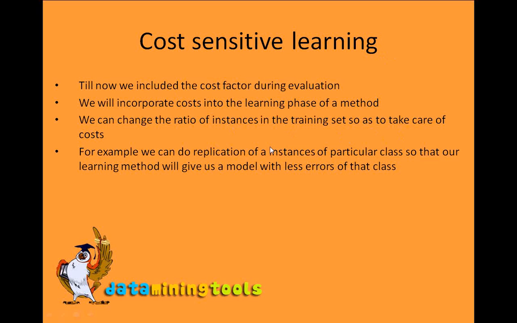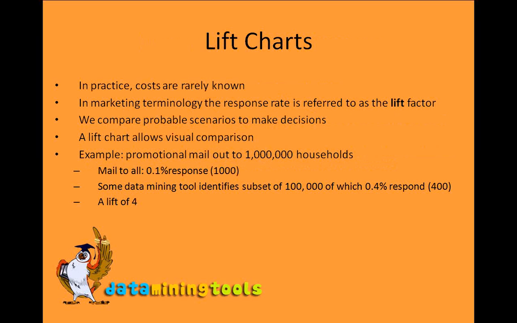For example, we can replicate instances of a particular class so that our learning method will give us a model with fewer errors for that class. Since the number of instances belonging to this particular class is larger, our learning model will adapt and give higher priority, giving a smaller error on this particular class, and this is how we can incorporate cost in the learning stage.